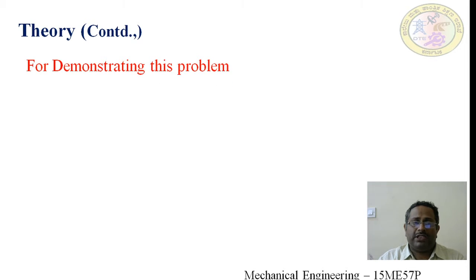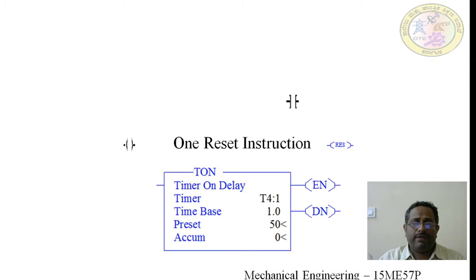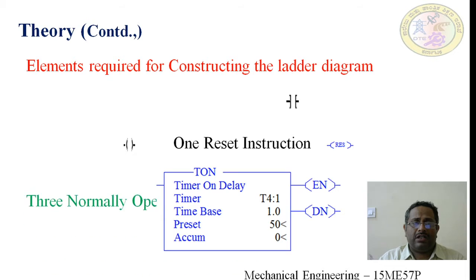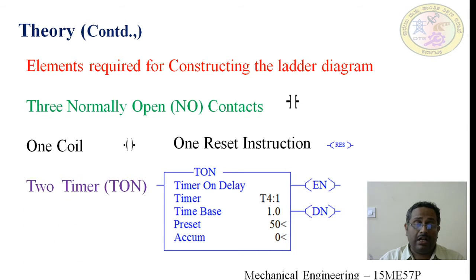For demonstrating this problem we are using one electric bulb as an output, and the elements used to construct the ladder diagram are NO contacts, a coil, one timer reset instruction and two timer on delay.